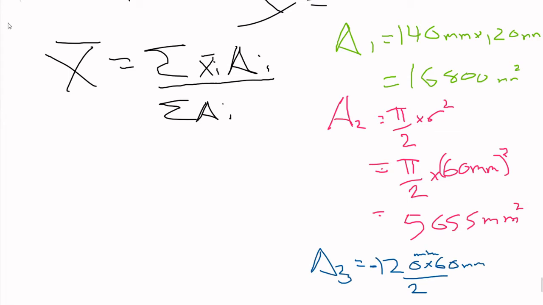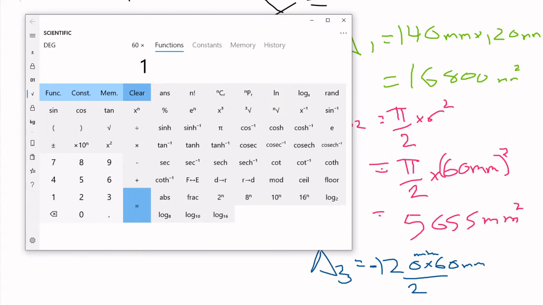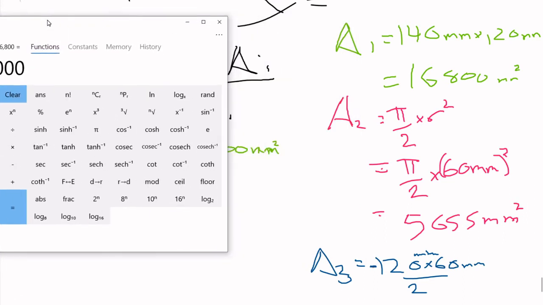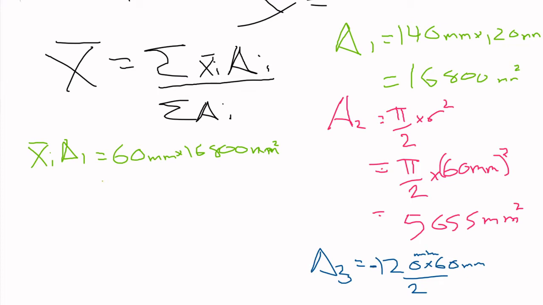I'm going to switch to green again. So we've got x bar 1 A1, which is 60 millimeters times 16,800, so 1,008,000 millimeters to the third.